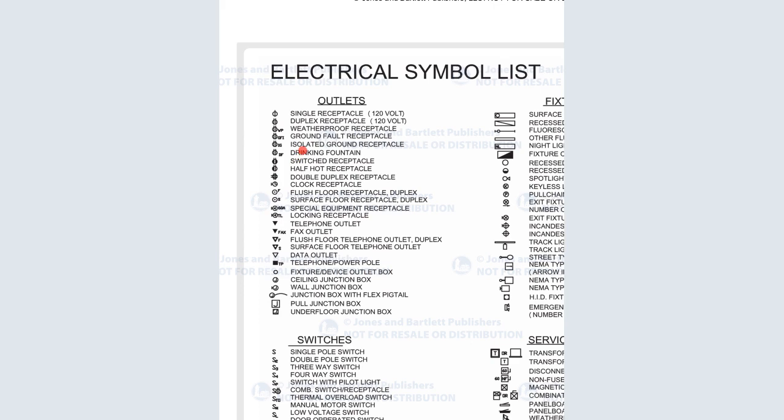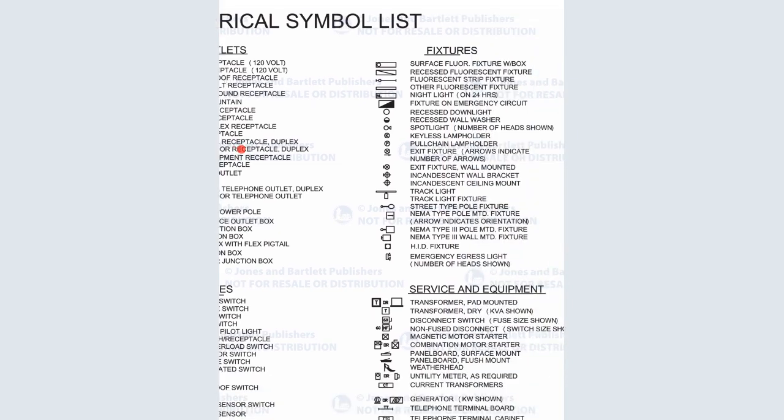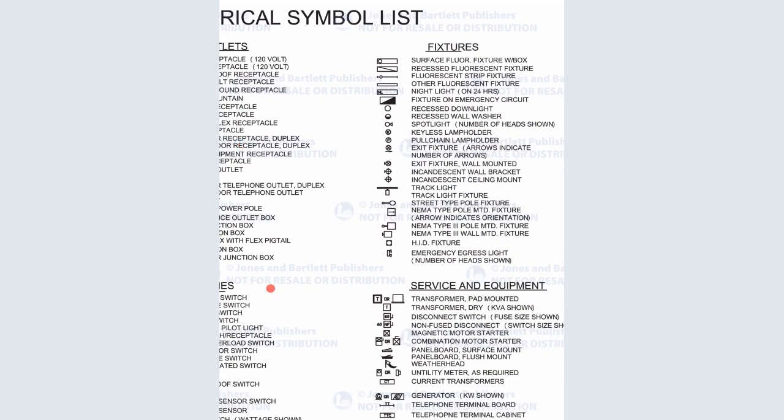Remember, we used to use a different type of symbol for the socket, and you can see this here. When you are doing the design, you always have to give something called a key. This is an example of a key or a list. This list will show you the fixtures.